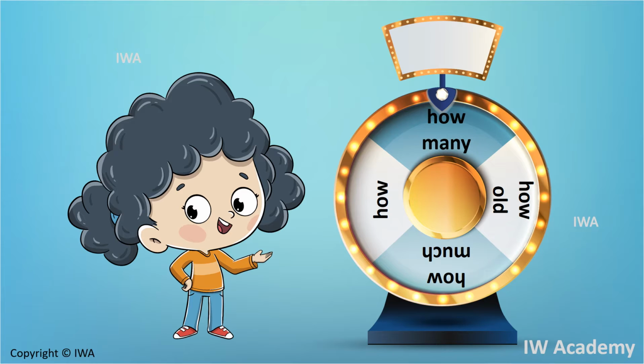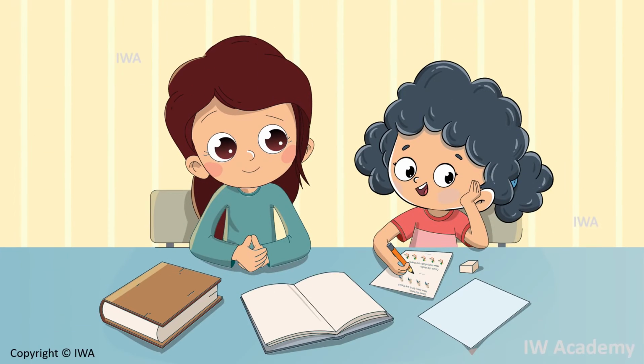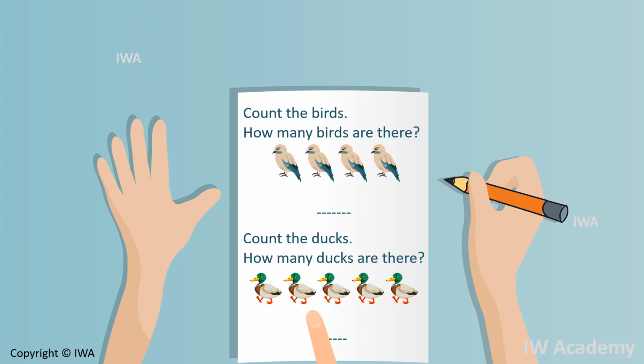The next one is how many. Let's go through some examples to learn the use of how many. Emily, do you know how to count to 10? Yes. Count the birds.